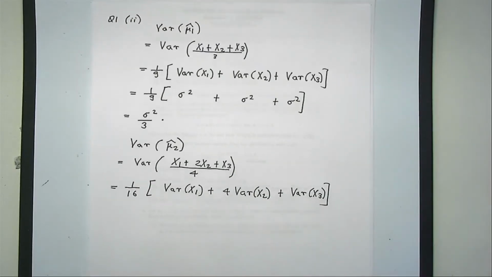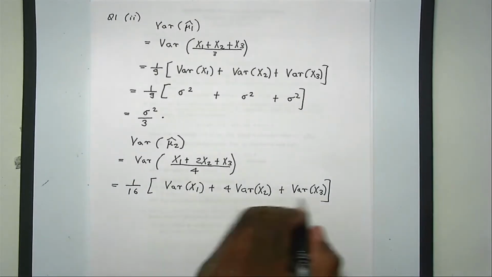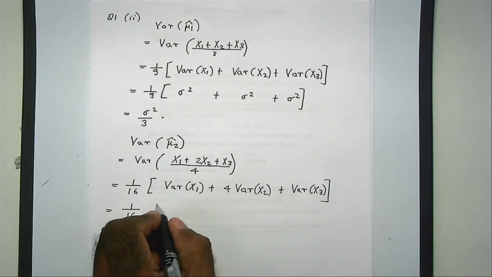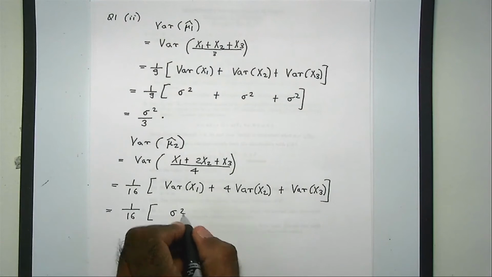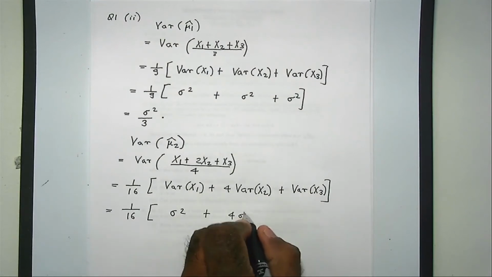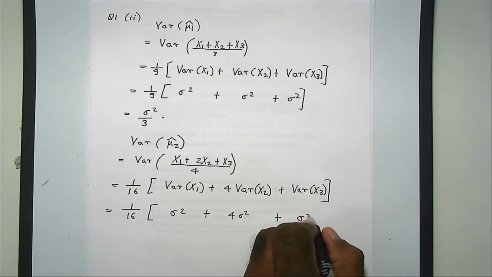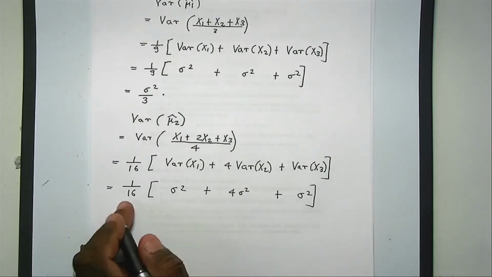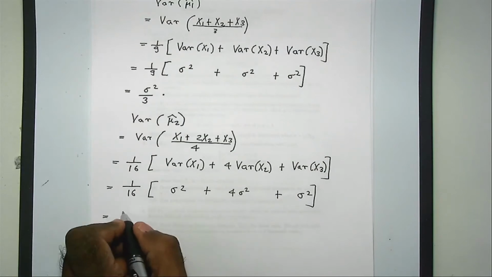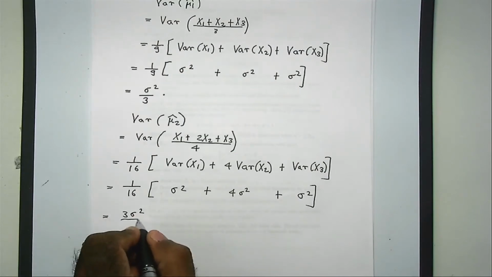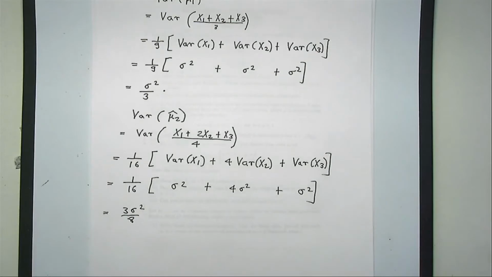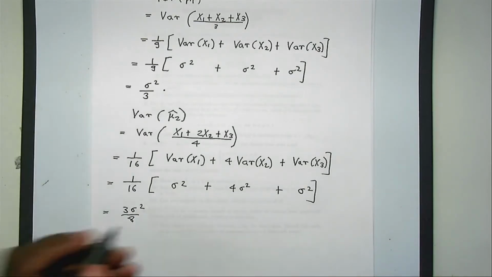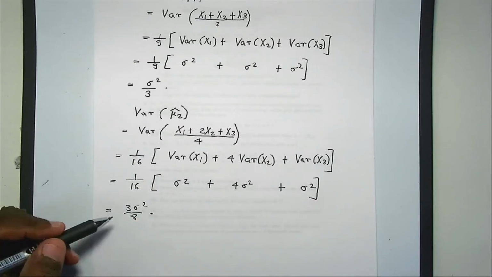Right? Okay, now we know each of these is sigma squared, so it's going to be 1 divided by 16 times sigma squared plus 4 sigma squared plus sigma squared. Right, so this is 6 sigma squared divided by 16, which is 3 sigma squared divided by 8. Alright, so this is the variance of the first estimator, and this is the variance of the second estimator.